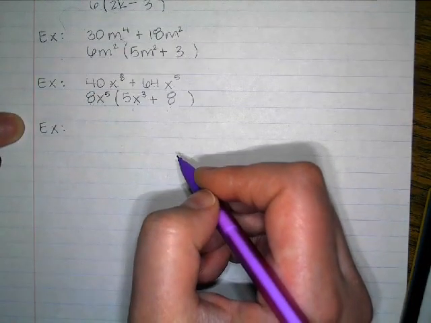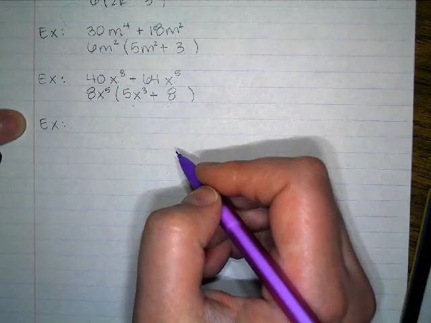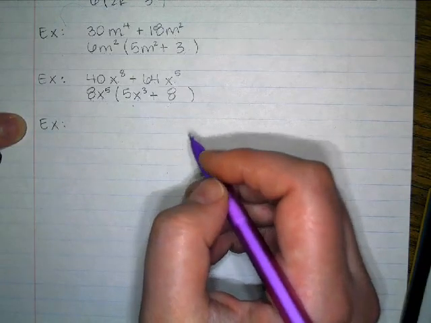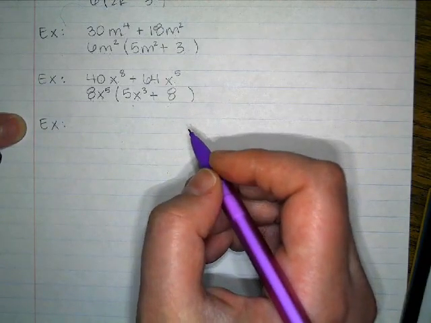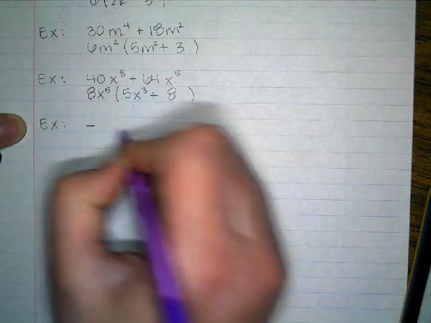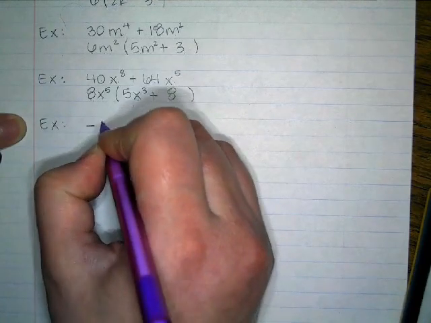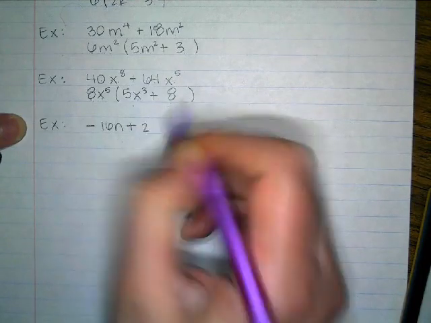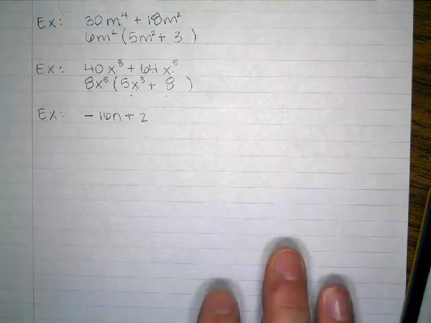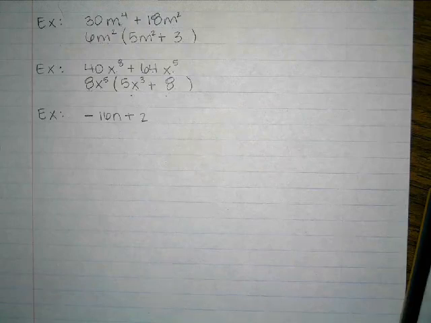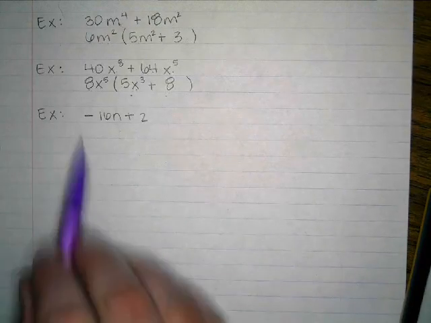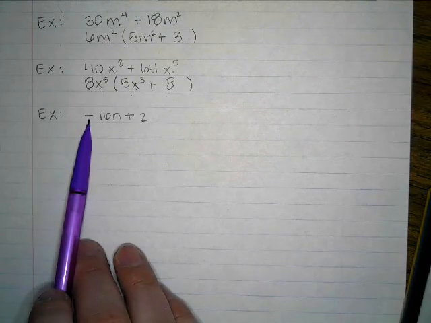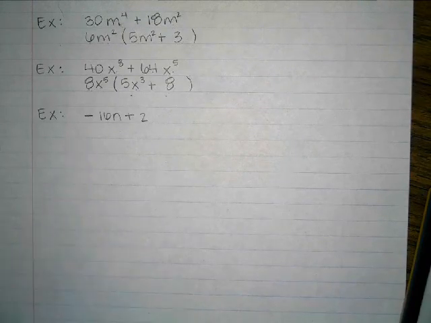Let's try negative 16n plus 2. Okay? So here they try to throw you off a little bit by putting a negative in the front. Anytime you have a first term that is negative, you have to take a negative out.